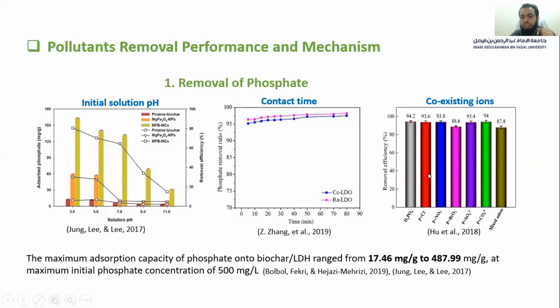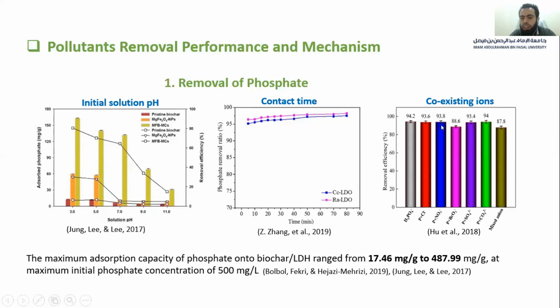In the third graph, you can see the presence of coexisting ions, because real wastewater consists of a lot of coexisting ions. For the LDH biochar, the first one is without the coexisting ion. The removal performance is around 94.2.